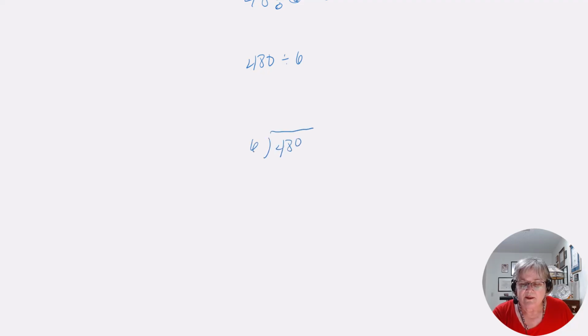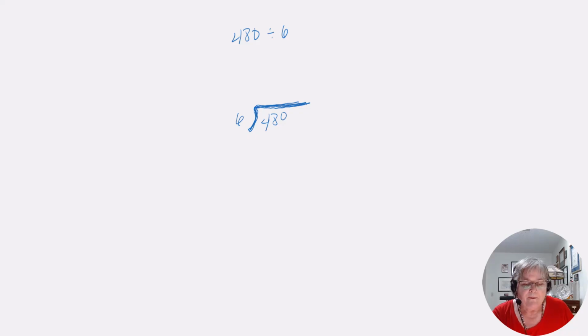divided by 6. Now, this is your division symbol right here. There's actually not a clear-cut name for what this is that's accepted by everybody. The answer that's going to show up here is called your quotient. This number that's underneath here that you're going to divide into, that's your dividend.